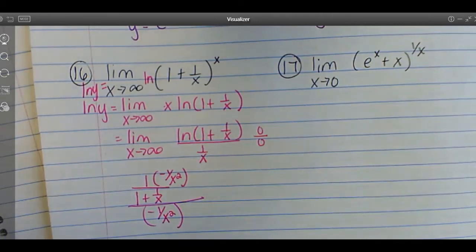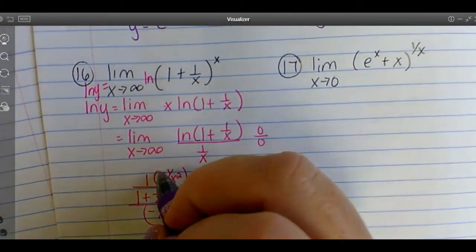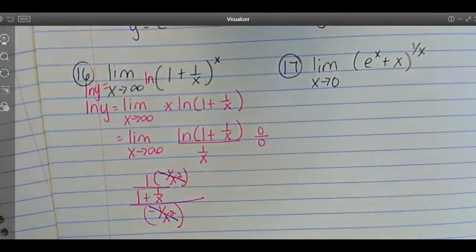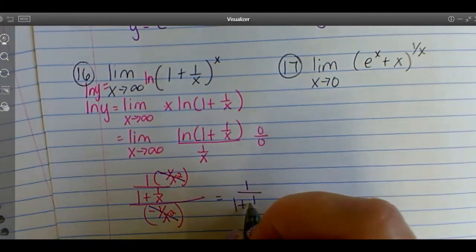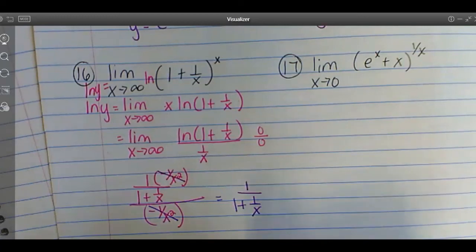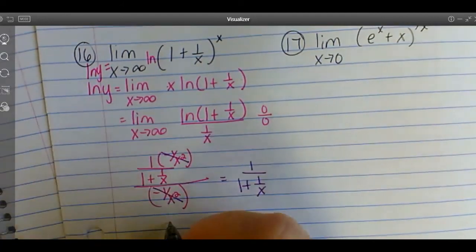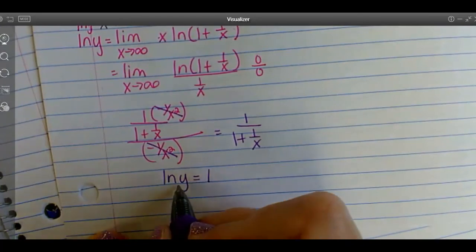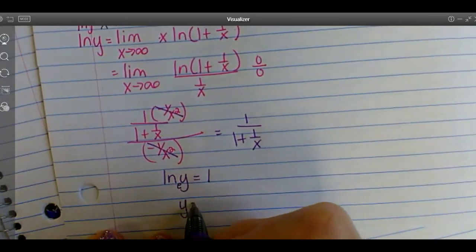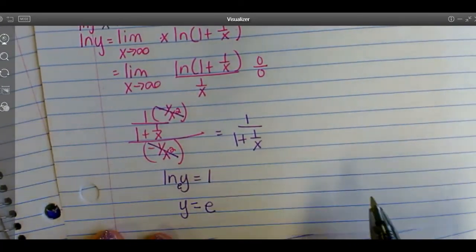And I could manipulate this quite a bit, but notice that this is on top and this is on the bottom. You can just cancel those. You're left with 1 over 1 plus 1 over x. Plug in infinity. This would be 0. So you've got 1 over 1, which means the natural log of y equals 1. There's an e there, so y equals e to the 1, or just e.